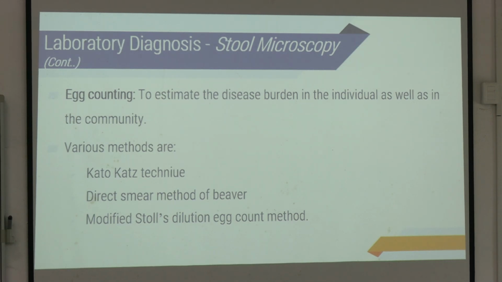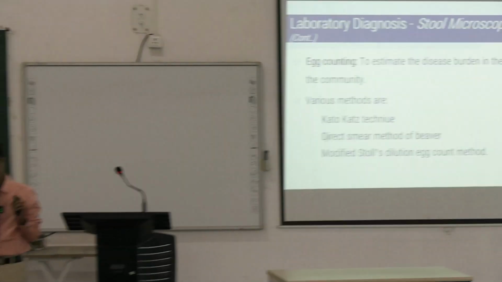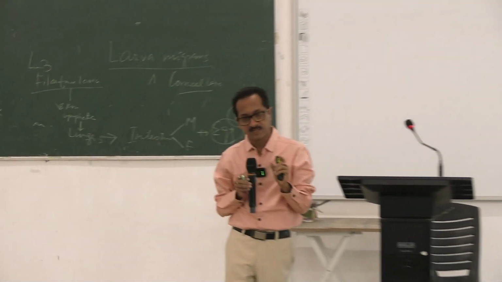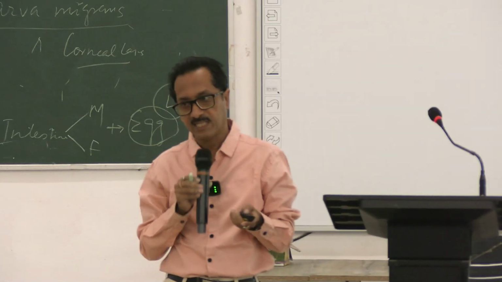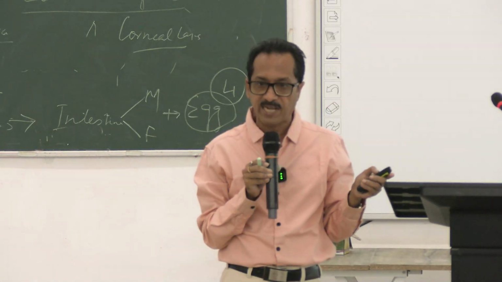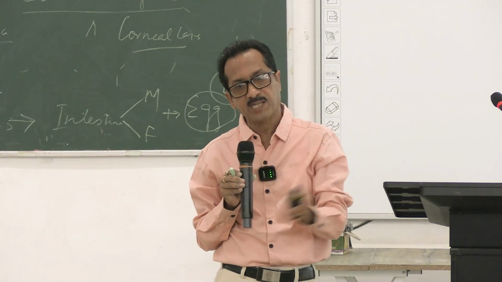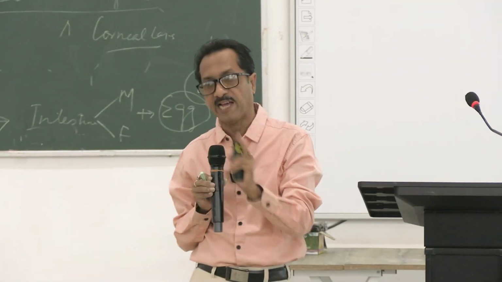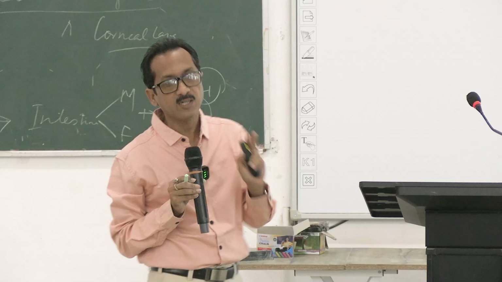If you don't know the details, they are Kato-Katz technique, direct smear method and modified Stoll's dilution method. These are given in detail in K.D. Chatterjee's parasitology book, on how you count the eggs. At least see it once in the library; there is a one-page picture of all the eggs and how they look.